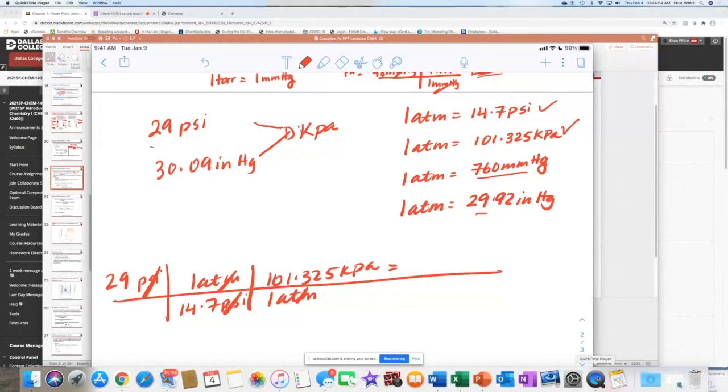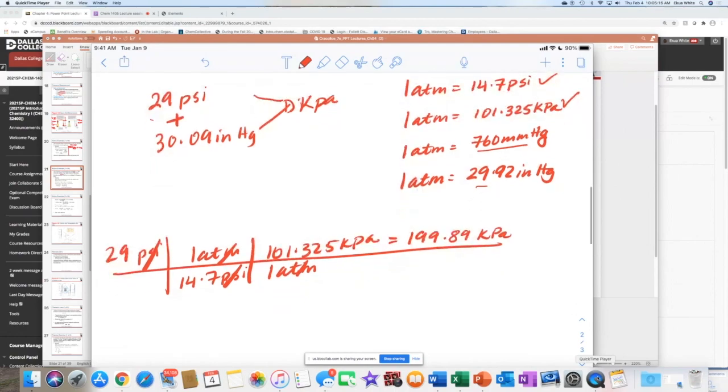Let me do the math. 29 times 101.325 divided by 14.7. So now I have 199.89 kilopascals, okay, for my first part. Now remember, I'm going to be adding these two in the end once they're the same unit. Second part, I have 30.